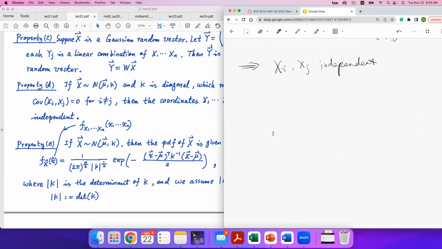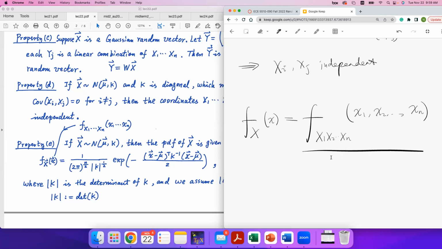Because X is a Gaussian random vector, it is essentially the joint distribution of all these random variables, X1 to Xn, and inside we have the realizations of these random variables.